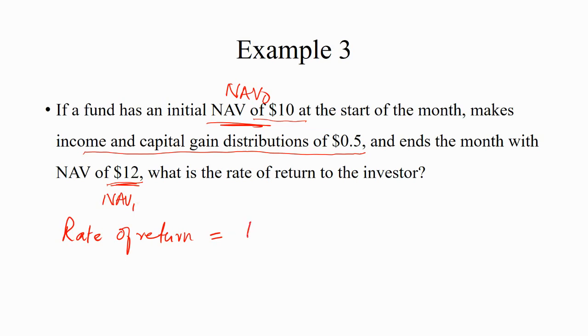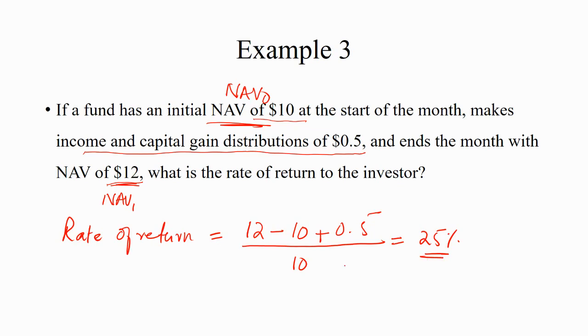So 12 minus 10, which is the initial NAV, plus income and capital gain distribution of 0.5, whole divided by the previous NAV, which is again 10. So this gives us a return of 25%.